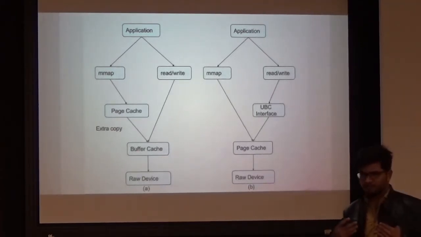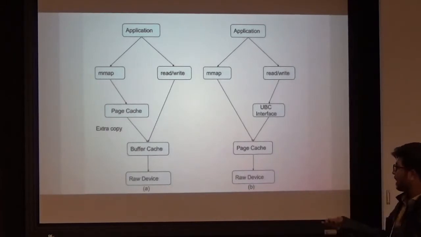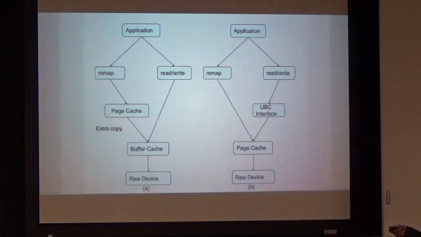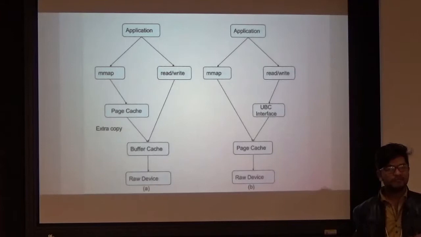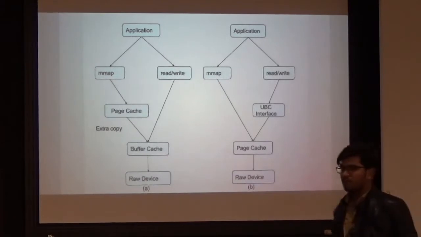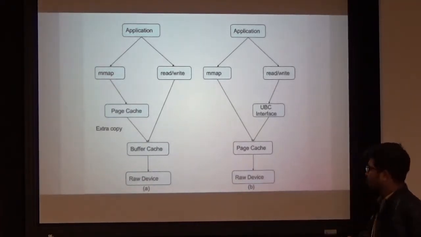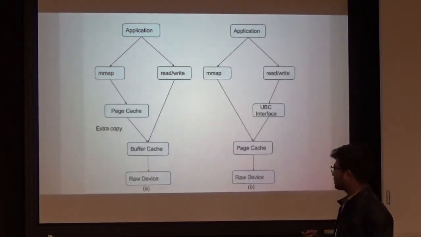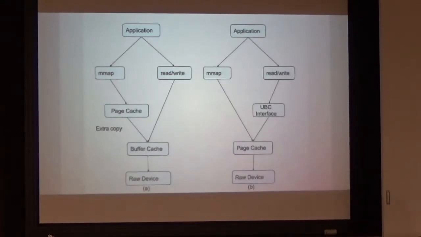The code above the memory interprets them as the page cache for the virtual memory subsystem and as the buffer cache for the I/O subsystem. The code above the physical memory interprets them, one as the page cache and the other as the buffer cache, but the actual physical memory is the same.